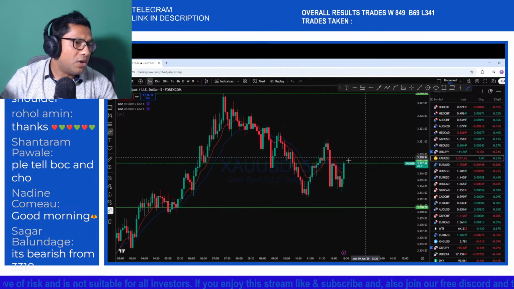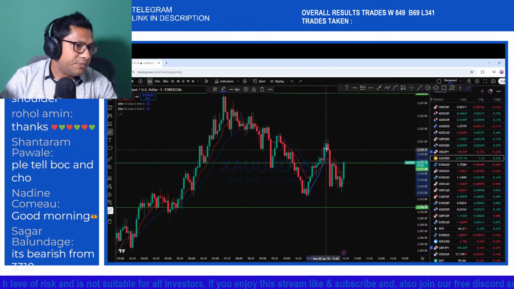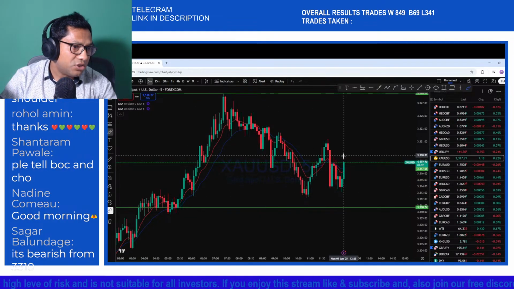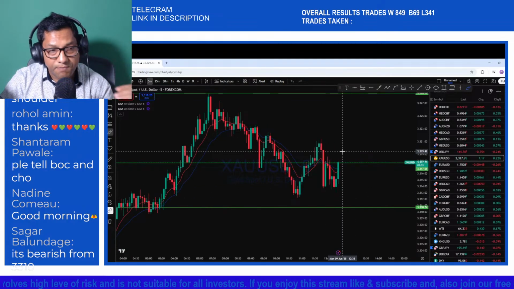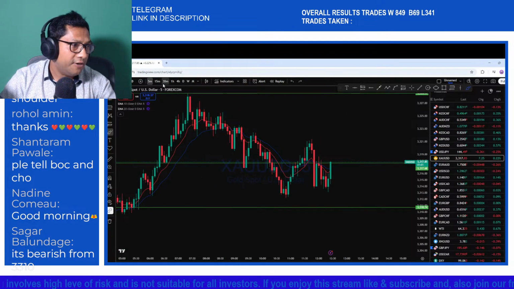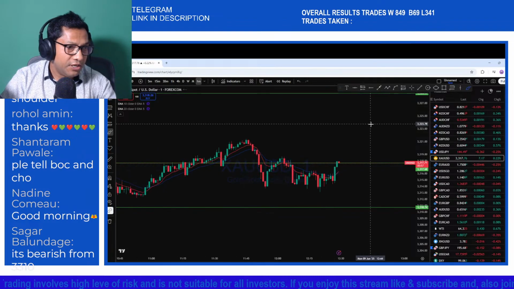Now at the moment, with this upside bias, the price is slowly trying to bounce back to the upside, and if it does, that's where we can again look for a possible entry in this market.